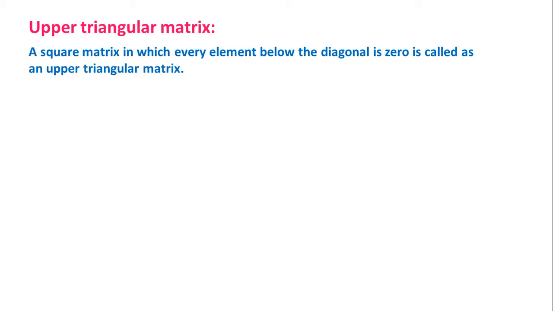A square matrix in which every element below the diagonal is 0 is called an upper triangular matrix. In the concept of types of matrices we have already discussed this, but related to the reduction method, I will explain it again.